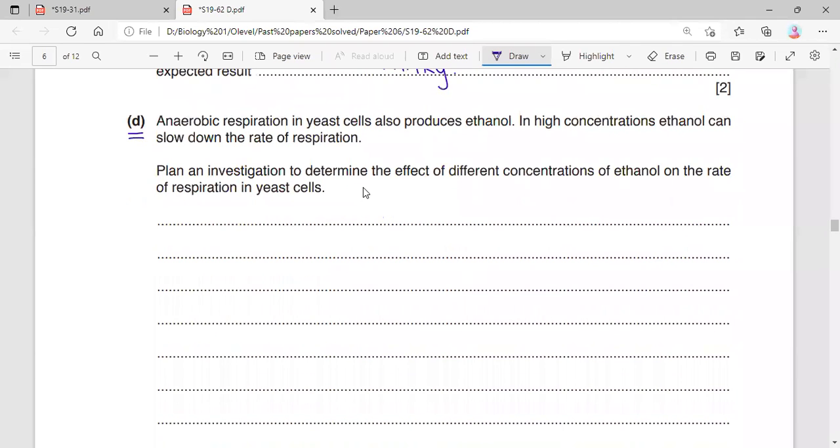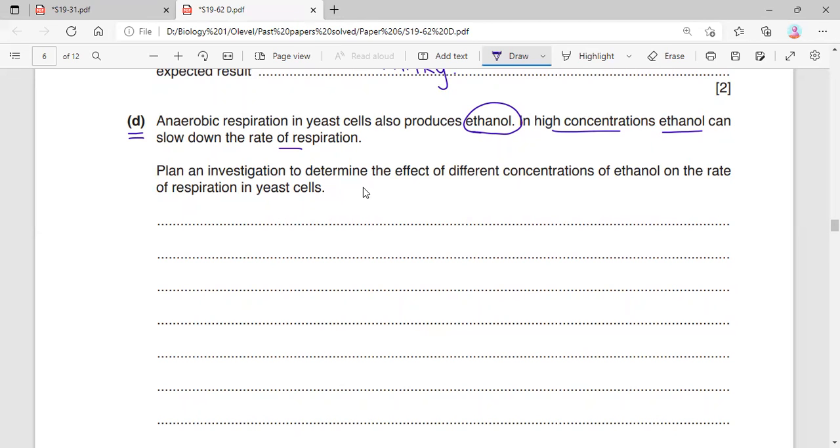Question D. Design an experiment. Anaerobic respiration in yeast also produces ethanol. In high concentrations, ethanol can slow down the rate of respiration. Ethanol, if it's high, it slows down the respiration.